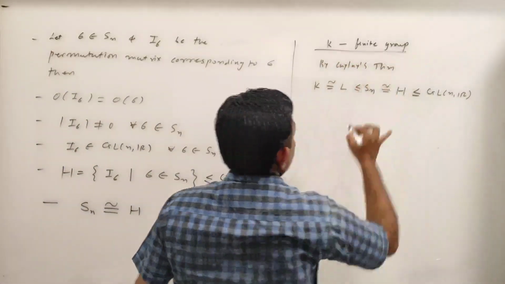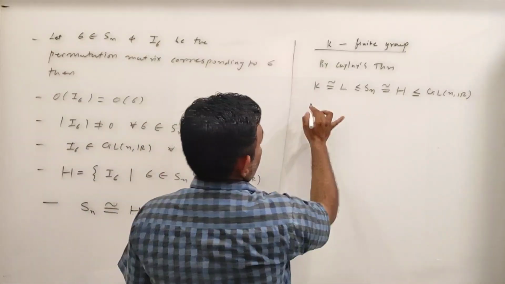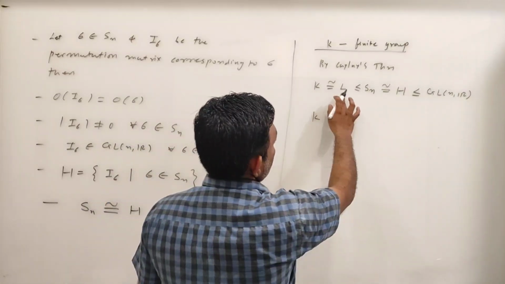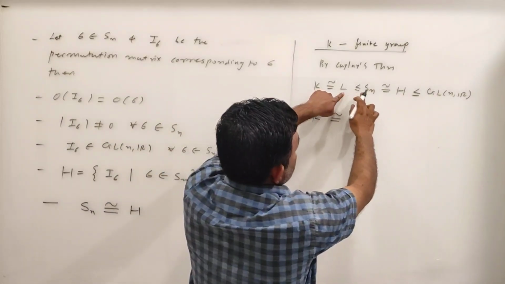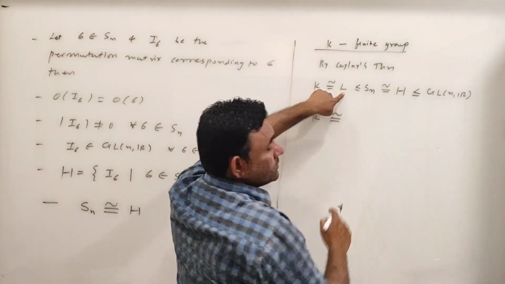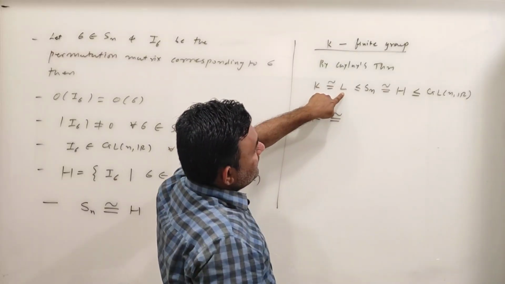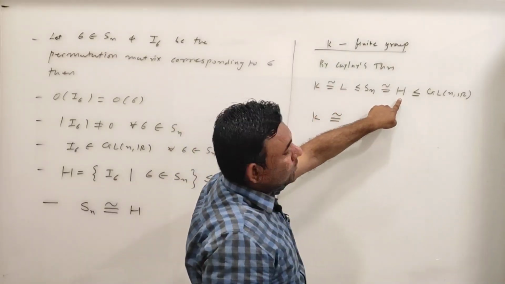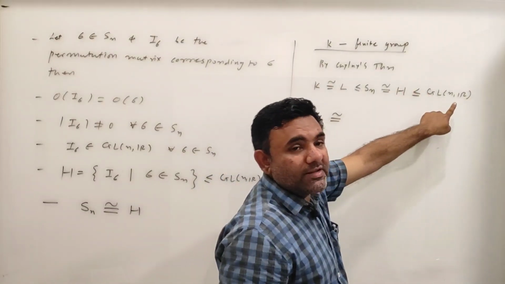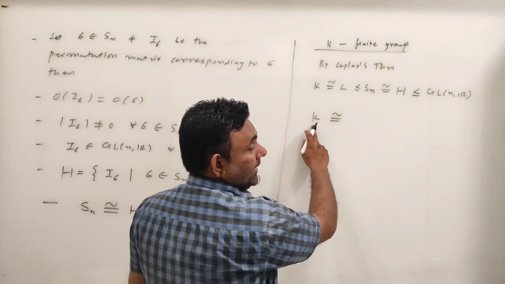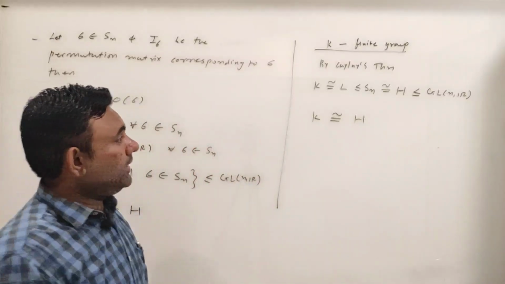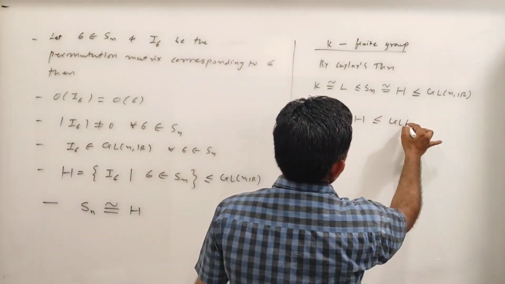Any finite group K is isomorphic to L, and L is a subgroup of Sn, and this Sn is isomorphic to H. So L is isomorphic to H, and H is a subgroup of GLNR. So K is isomorphic to H, and it is a subgroup of GLNR.